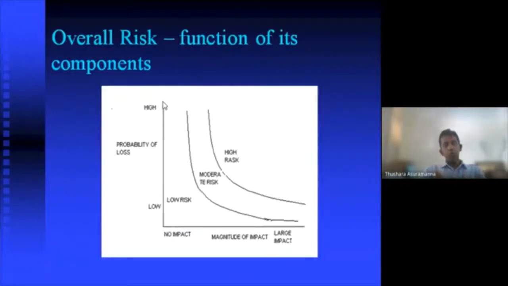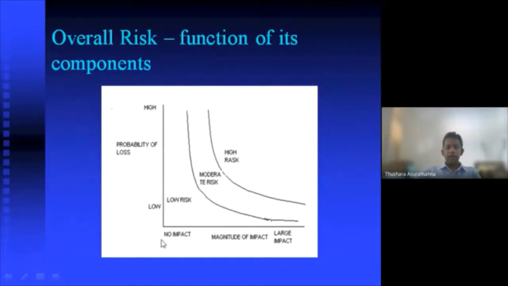So overall, if you see this, probability, impact. Right? If you say higher probability, higher impact, then you have high risk right here. If both are high, this is how the risk comes here. If the probability is low, again you have here.